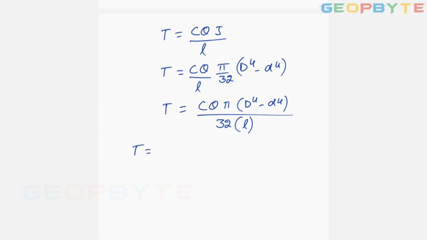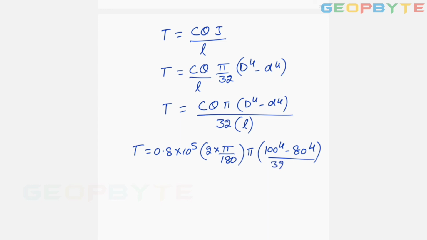Torque equal to 0.8 into 10 power 5, into theta, 2 degrees given, 2 into pi by 180, it should be in radians, into pi into capital D, 100 power 4 minus 80 power 4 divided by 32 into length.